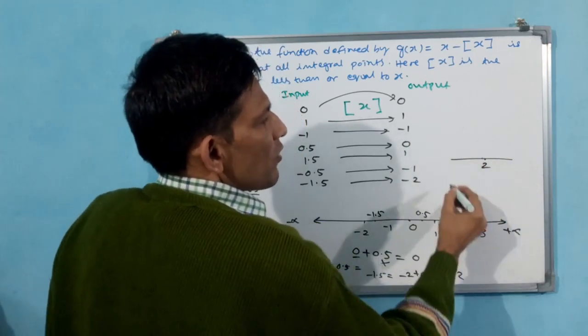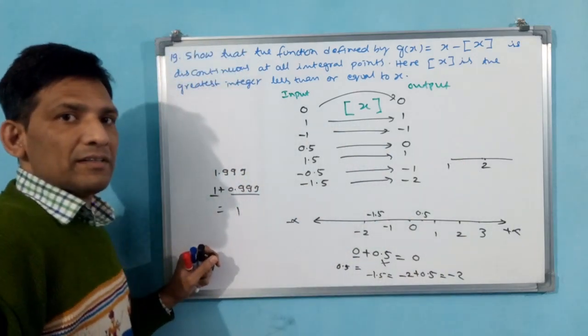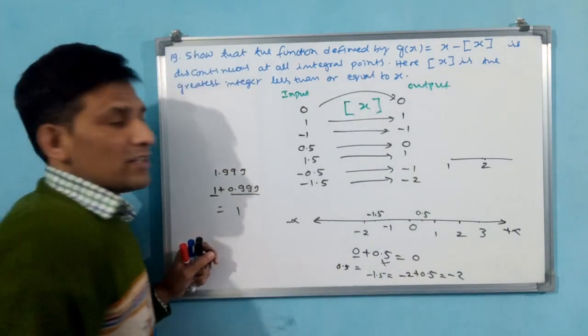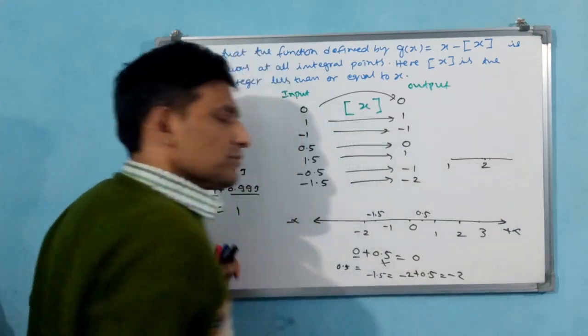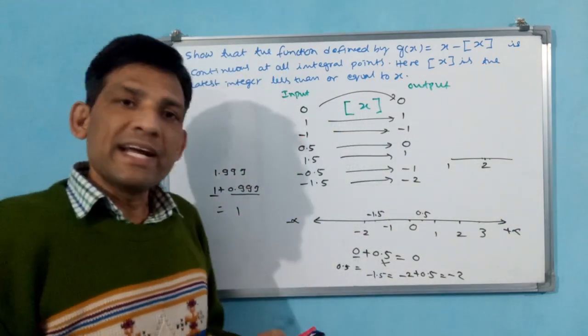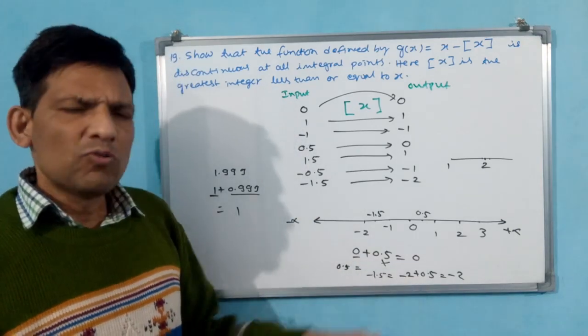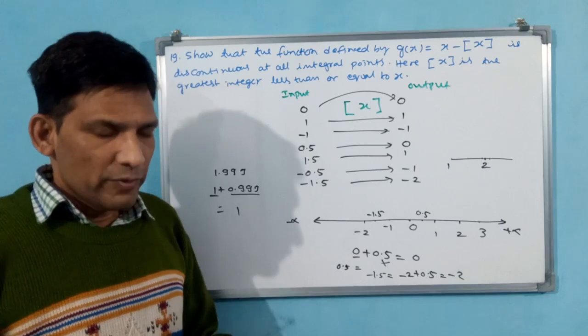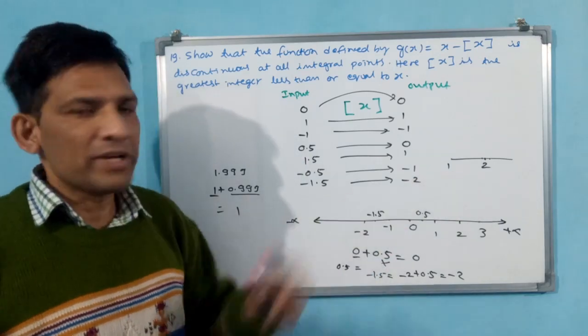Slightly less than 2, rather than 2 it gives 1. Slightly greater than 2 means the right hand limit has no problem, because the output you get is 2. If we give 2.00001, then 0.00001 it will omit and it gives 2.